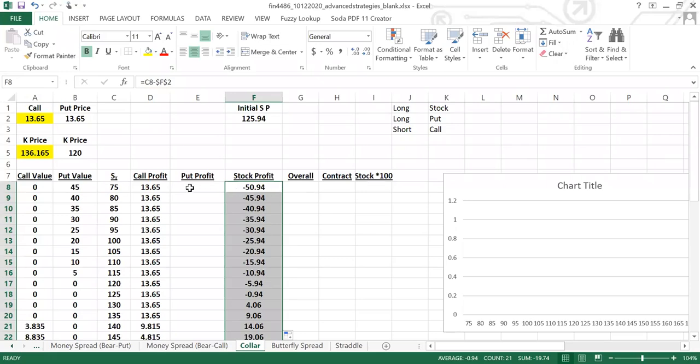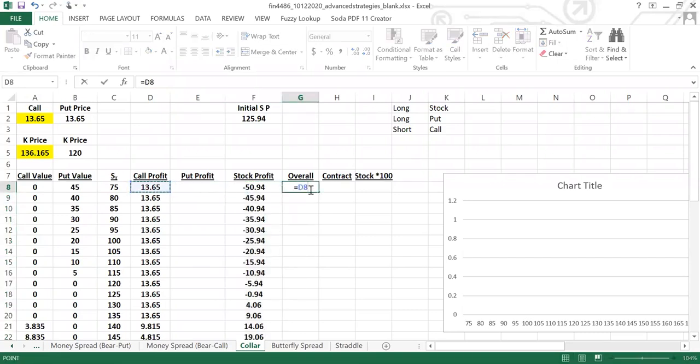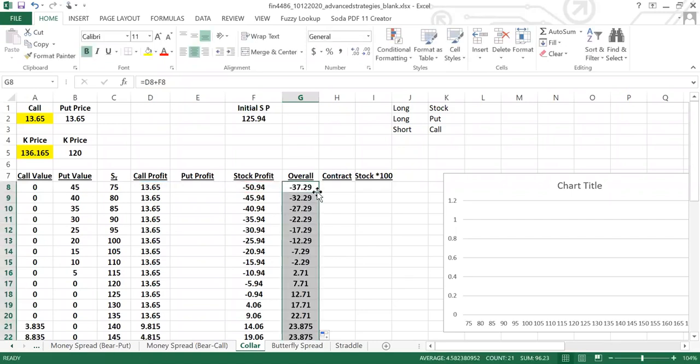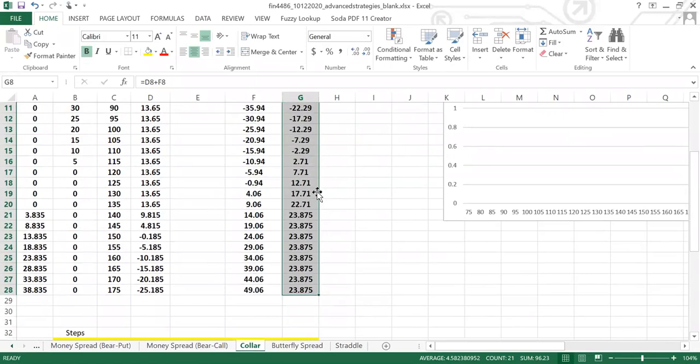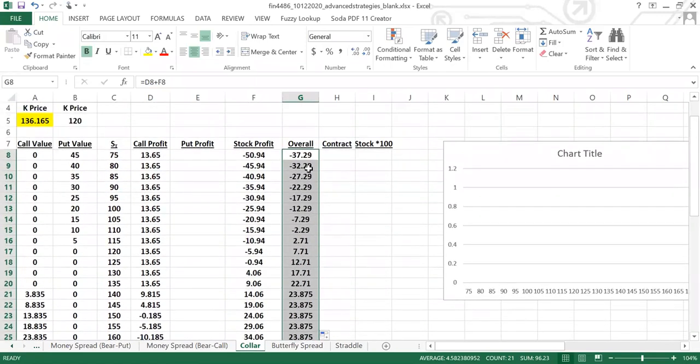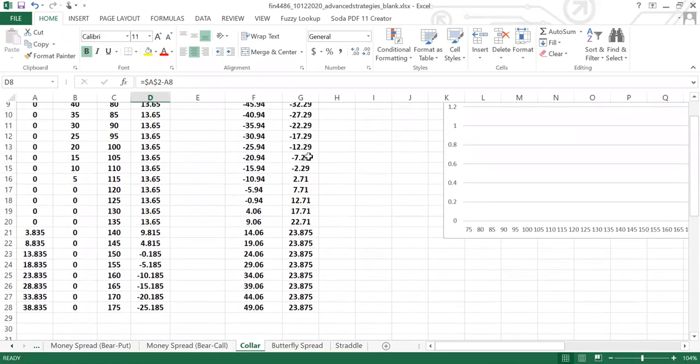Now, if we combine the two things, just without the put, this is how a covered call basically looks like, right? You quickly see that you are having losses from the stock that are offset by the premium you're collecting from writing the call option.